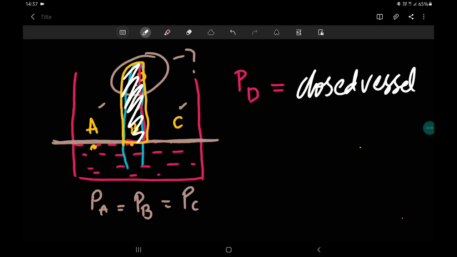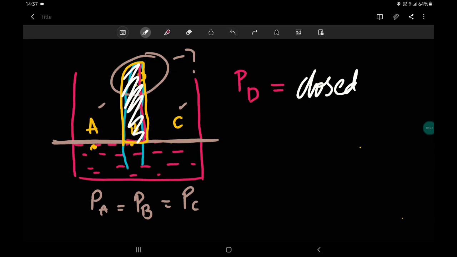So for a closed vessel, what will be the pressure at D? It is 0 only, because there is no presence of fluid over there. I am assuming that space to be vacuum. Hence pressure at D is equal to 0.